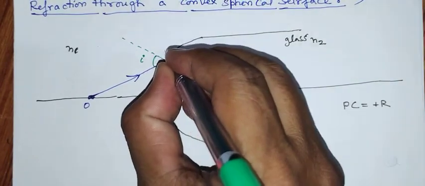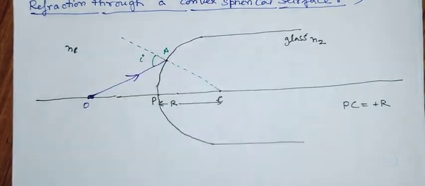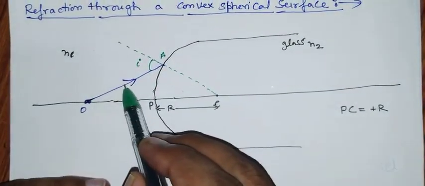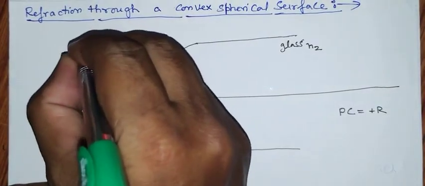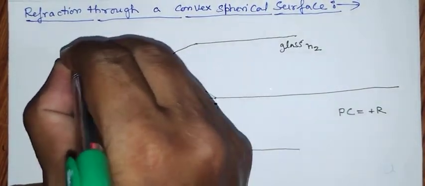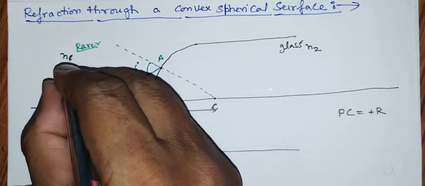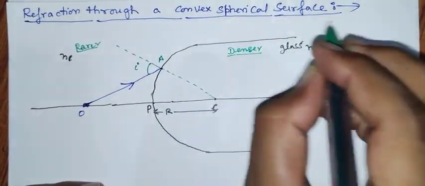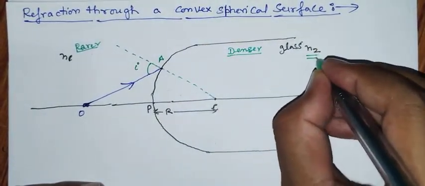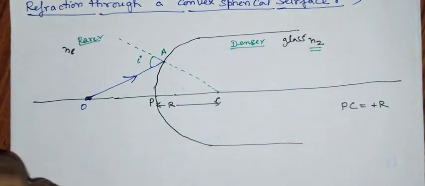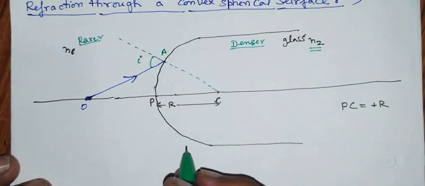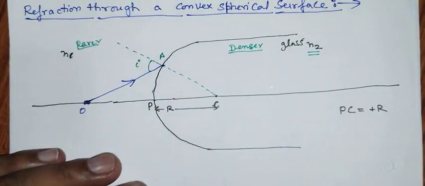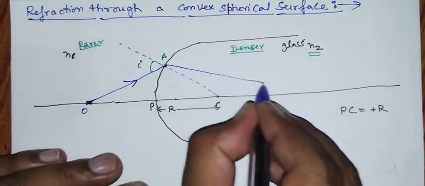Let this point be A. Now, when a ray of light passes from a rarer medium of refractive index N1 to a denser medium of refractive index N2, then the ray of light bends toward the normal. So the ray of light bends in this direction.